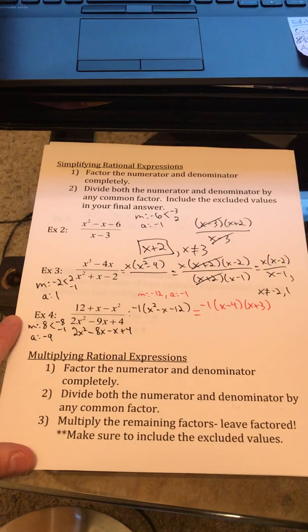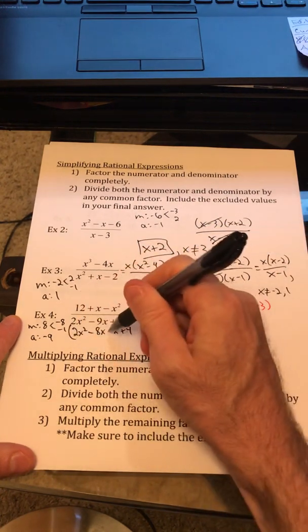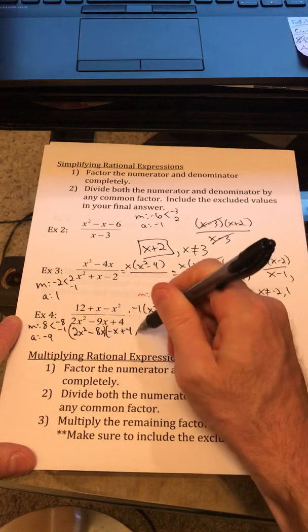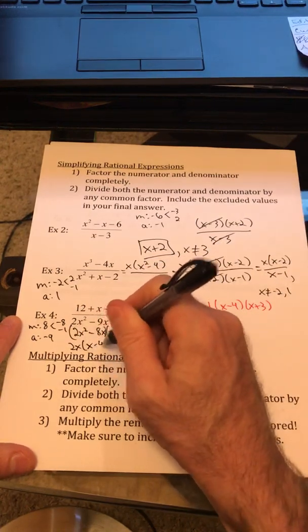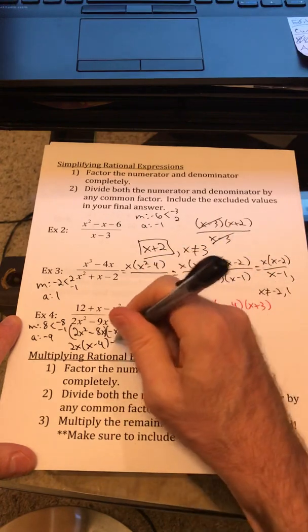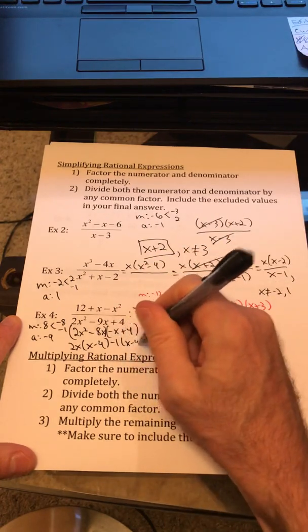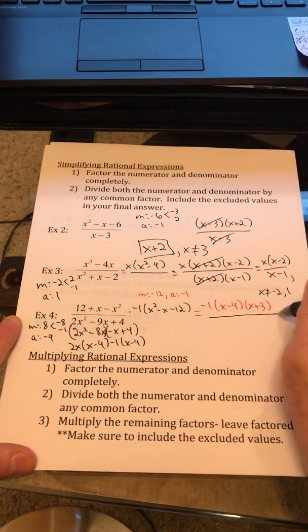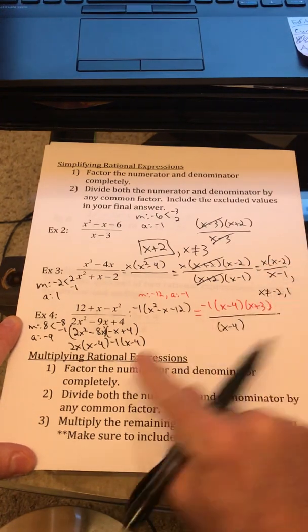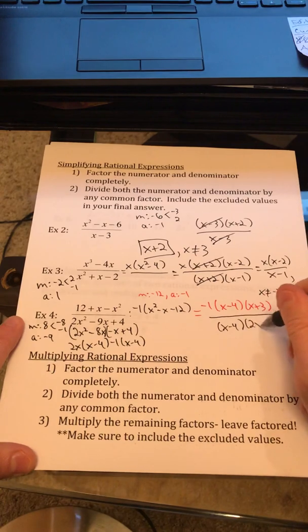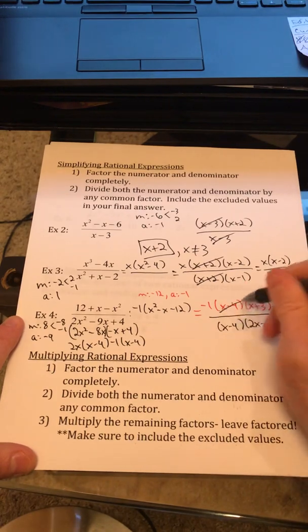So for this one, when we group, we can take out a 2x, leaving x minus 4, take out -1, x minus 4. So for this, our factors are x minus 4 and 2x minus 1.